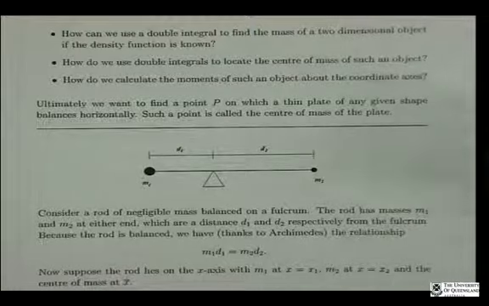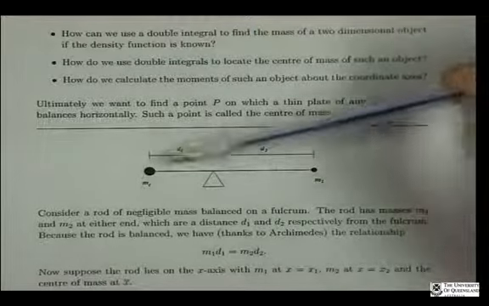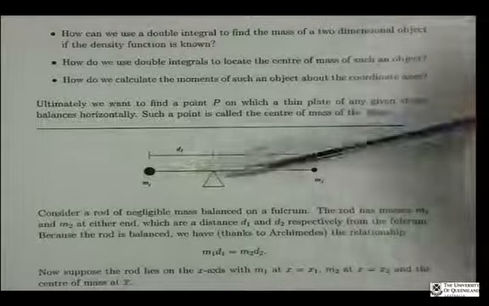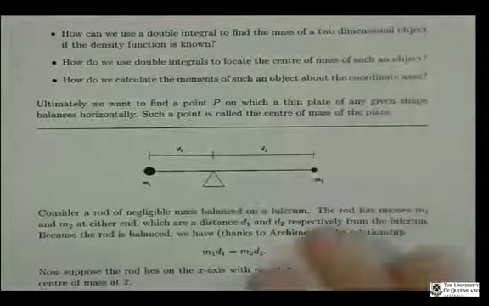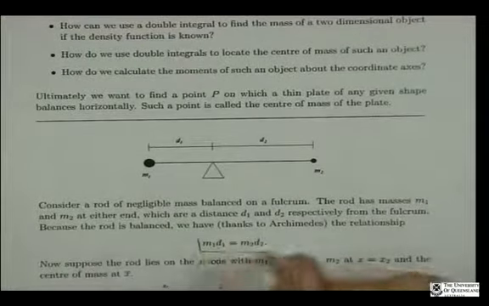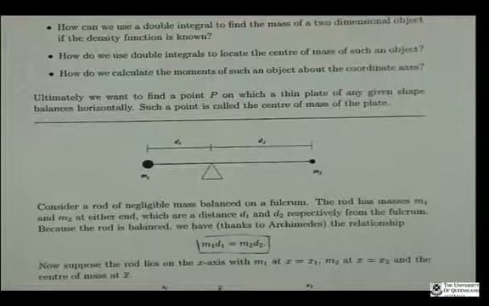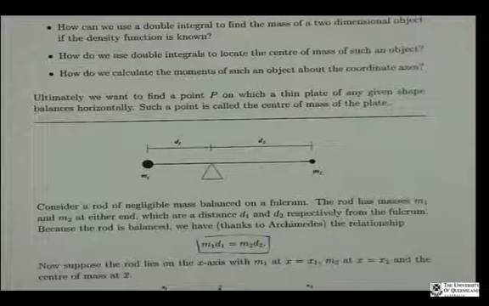If they're balancing, the law of nature, sometimes referred to as the law of the lever, thanks to Archimedes, says the distance that M1 sits from the fulcrum, call that D1, and the distance the mass M2 sits from the fulcrum, call that D2, along with the masses themselves, satisfy this relationship.